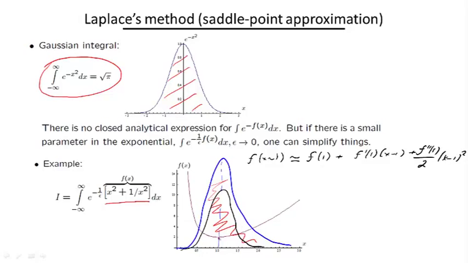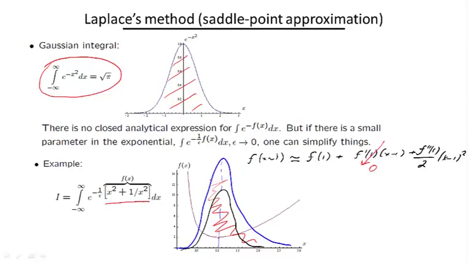But since this is the minimum of my function, the first derivative of my function here vanishes, so it becomes equal to 0. And so the only terms which in the leading order matter are this one and the quadratic term, which makes the integral that I'm dealing with Gaussian. And as I mentioned, we know how to calculate Gaussian integrals.